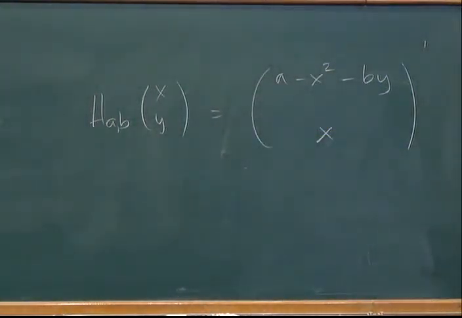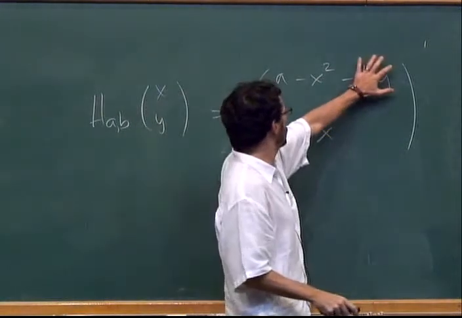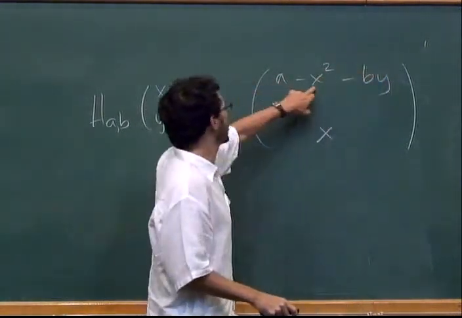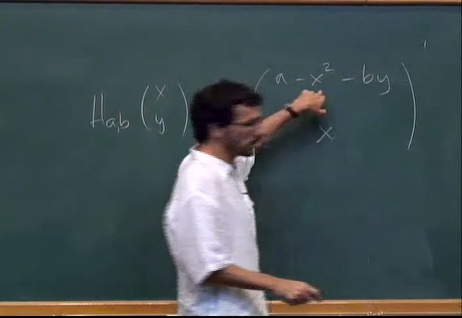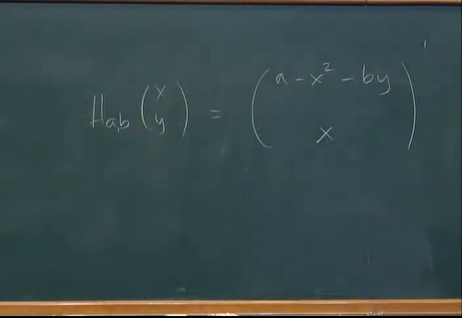And this formula here, if you make b equal to 0, is a minus x squared. And a minus x squared is this famous, very intensively studied family of one-dimensional maps that people know lots about.